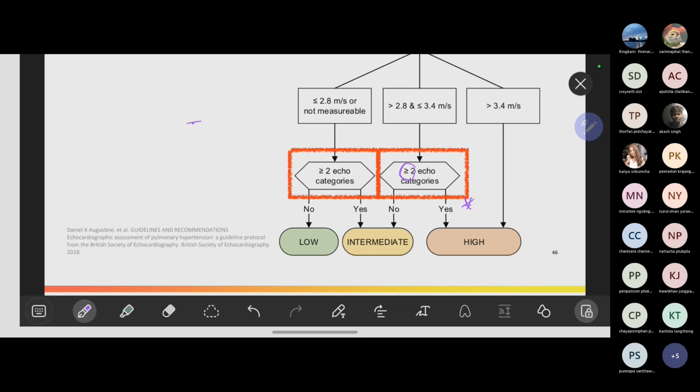For example, TR velocity 2.6, if there are two categories of echo sign, it will turn to intermediate probability of pulmonary hypertension.